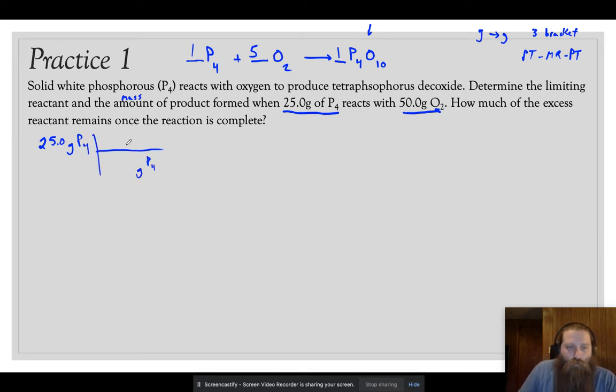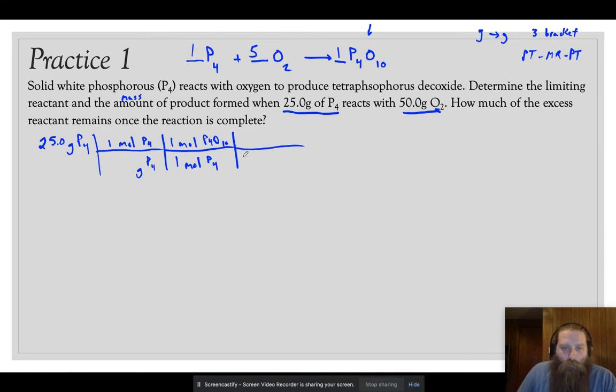Grams of P4 is going to go to 1 mole of P4. So that's just 4 phosphorus added together, 4 times the molar mass of phosphorus from the periodic table, which we'll get to in a second. I'm going to use my balanced coefficients. 1 mole of P4 results in 1 mole of P4O10.